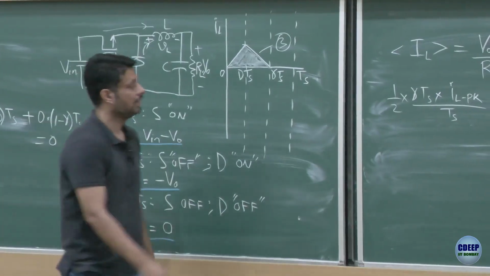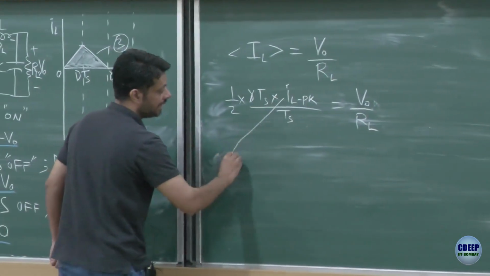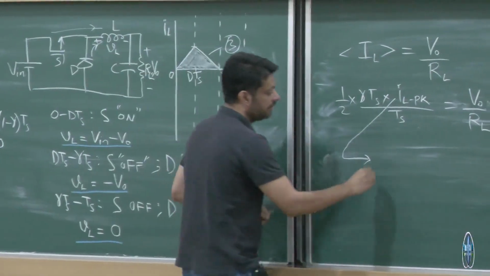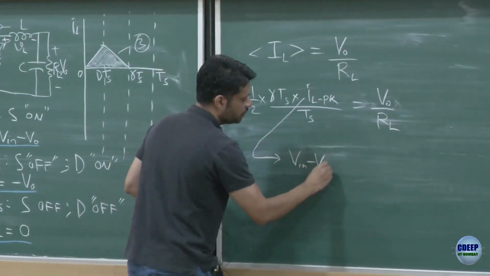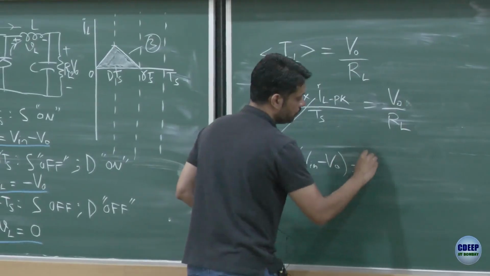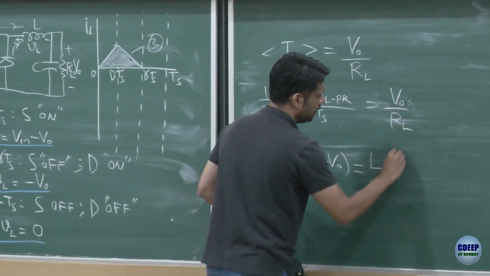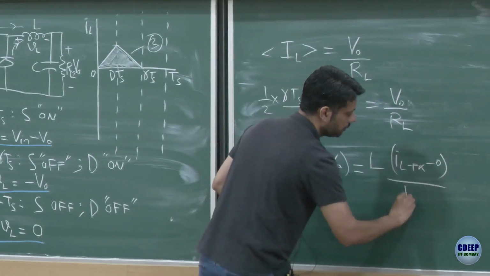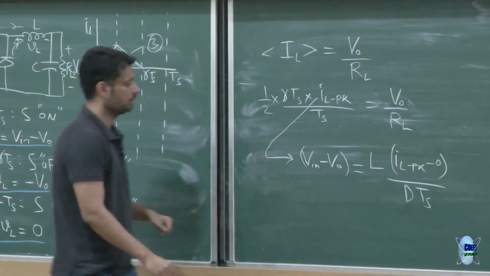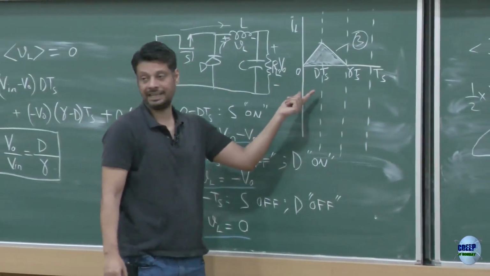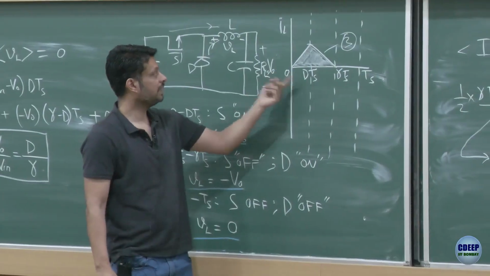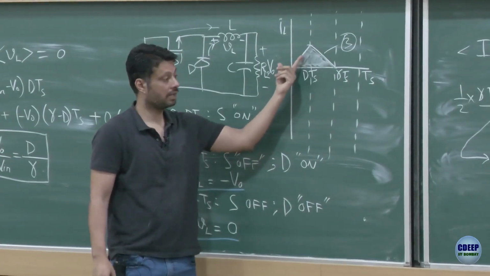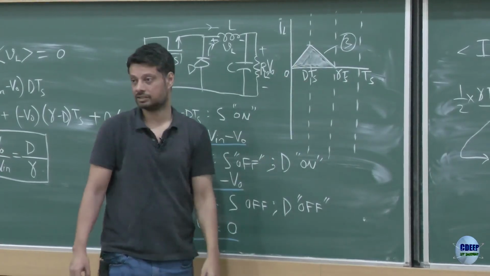You can further substitute IL peak from this expression. In this region, if you apply V equal to L di by dt, then the voltage is V in minus V naught is equal to L times di, which is I peak minus 0, divided by DTS.